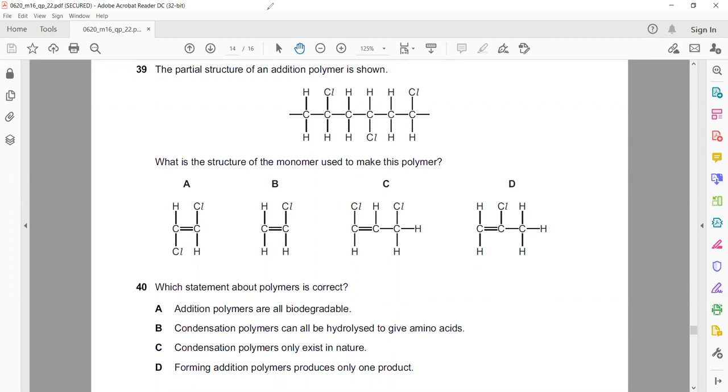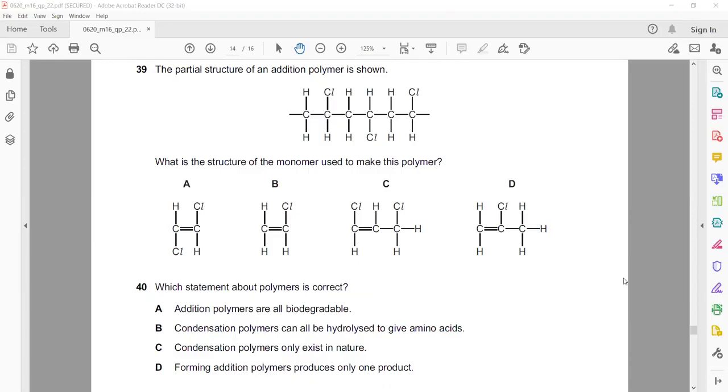Addition polymers are all biodegradable? No. Condensation polymers can all be hydrolyzed to give amino acids? No. Condensation polymers only exist in nature? No, there are synthetic, man-made ones also. Forming an addition polymer produces only one product. That's true, that's why we call it addition polymerization.